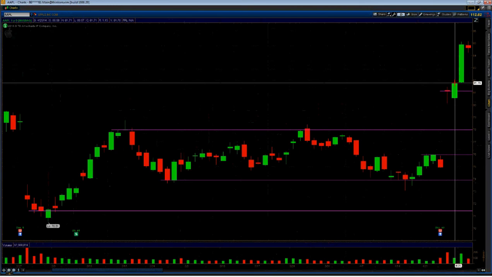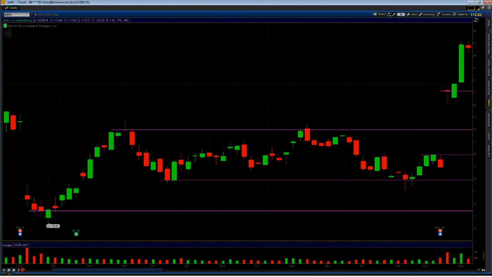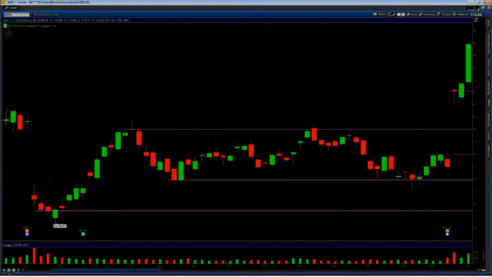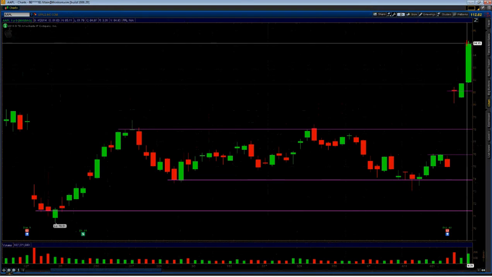So you go and you get the 82 call. If we just go to this day, what's your 82 call looking like right now? Is it in the money or out of the money? It's in the money because the share price would be above the strike price for the call.